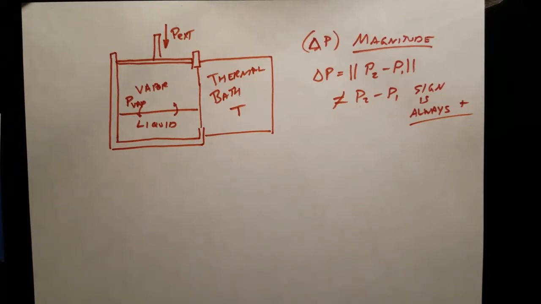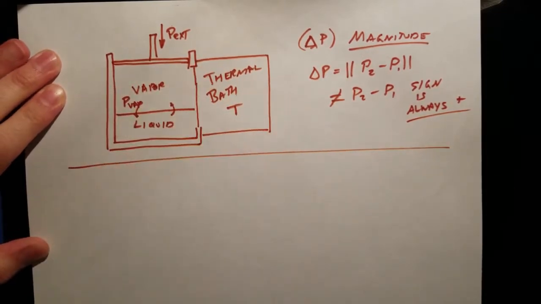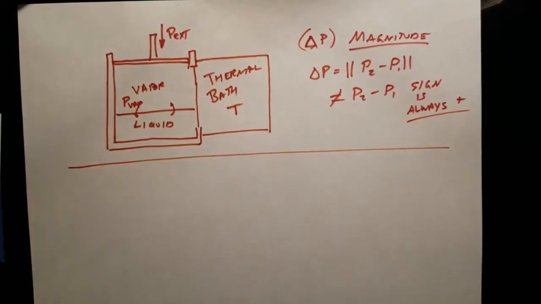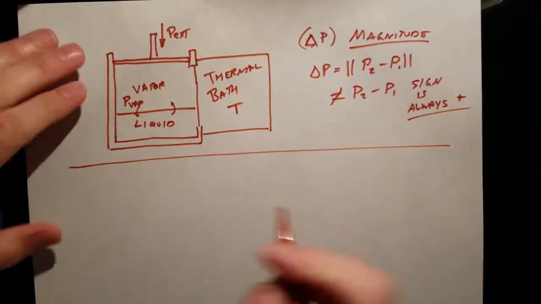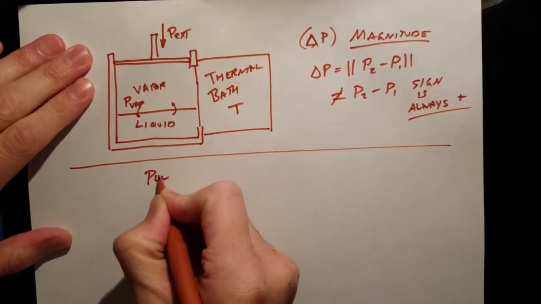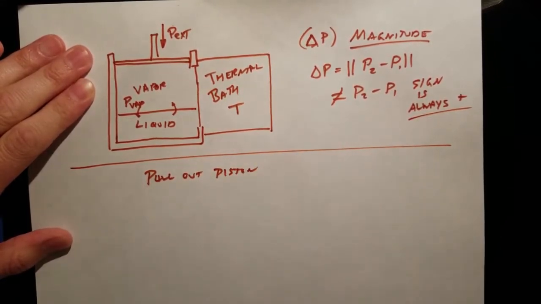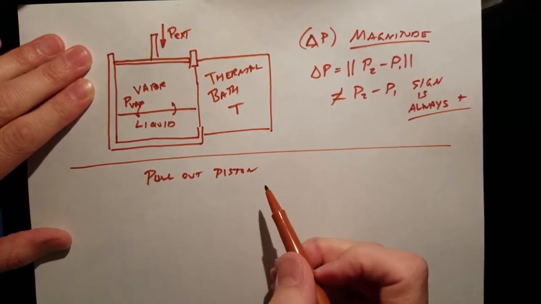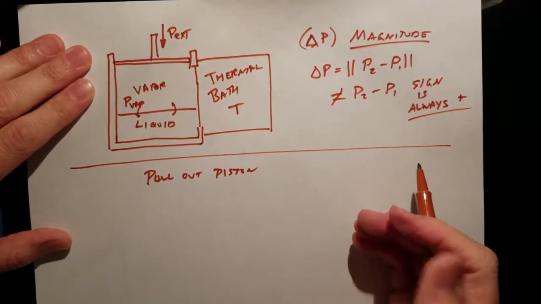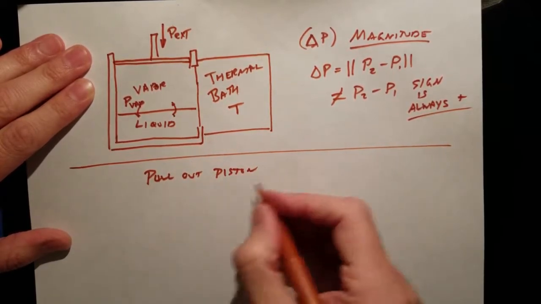So let's say that we have this system, and we take this and we decrease the pressure. So we pull on the piston, pull out the piston, so that a certain amount of liquid transforms into vapor, right?